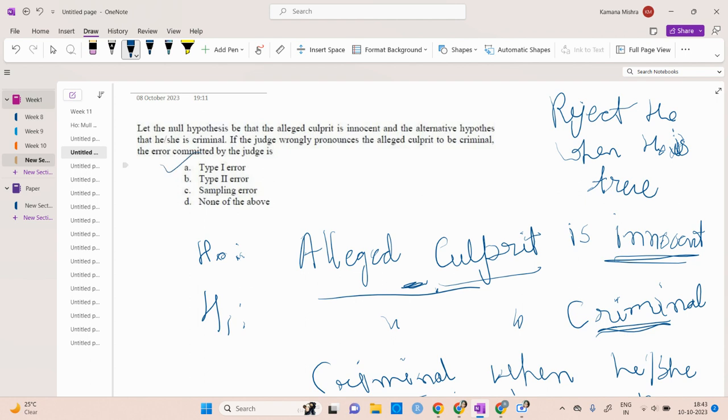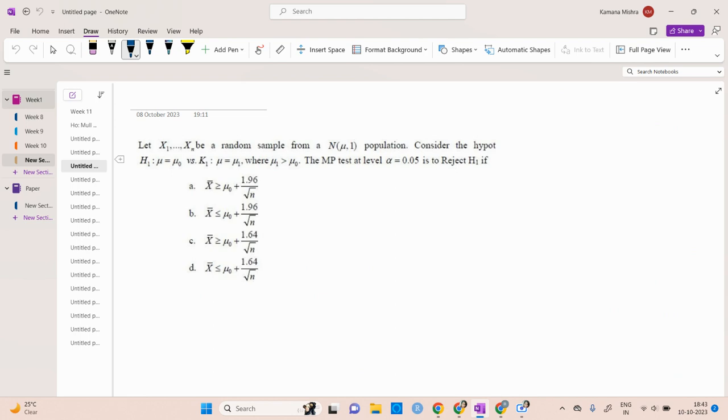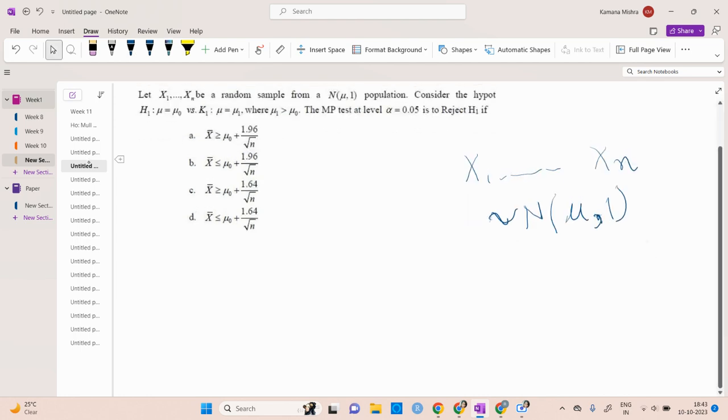Now the next thing is that we have a random sample, x1 to xn. This is the random sample from the normal population mu comma 1, right? Now consider the hypothesis testing.